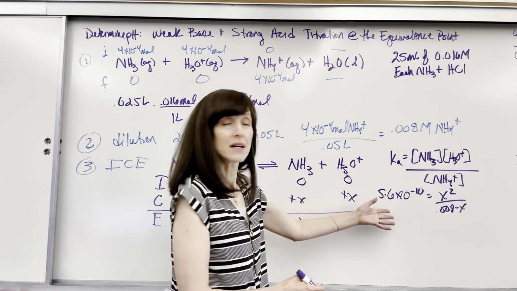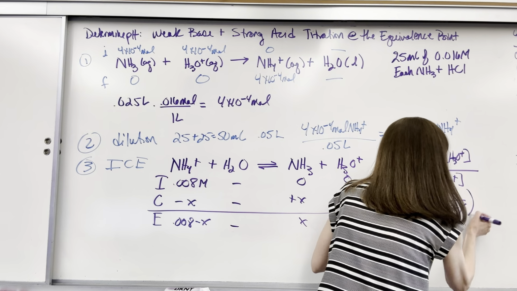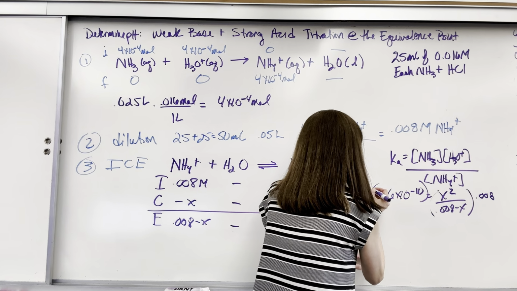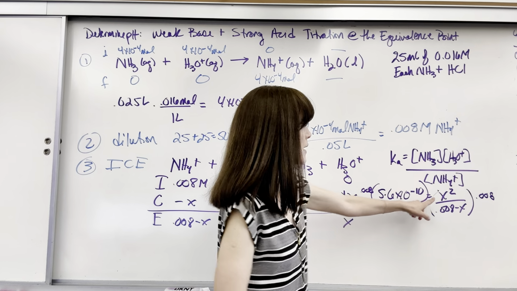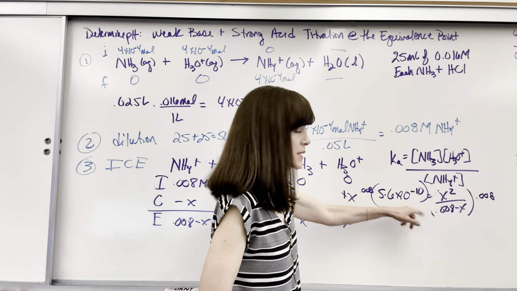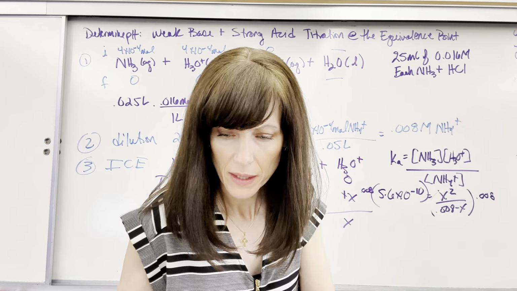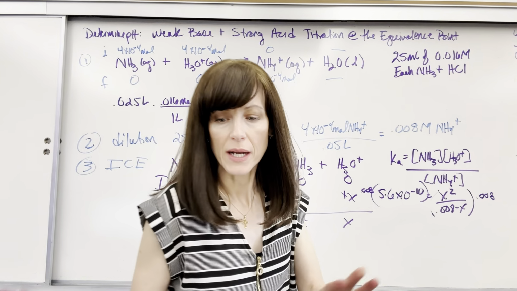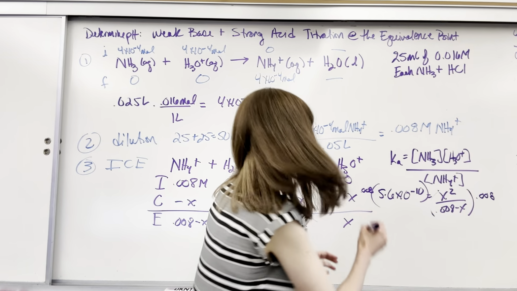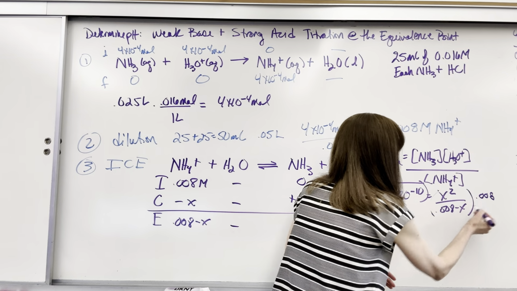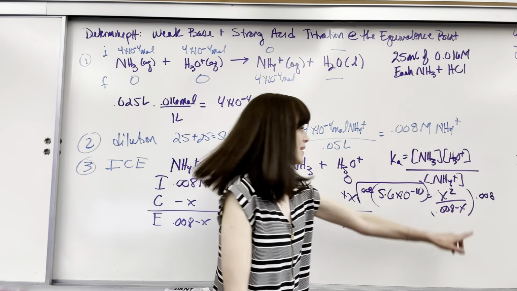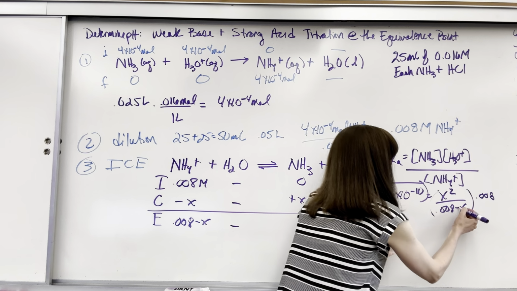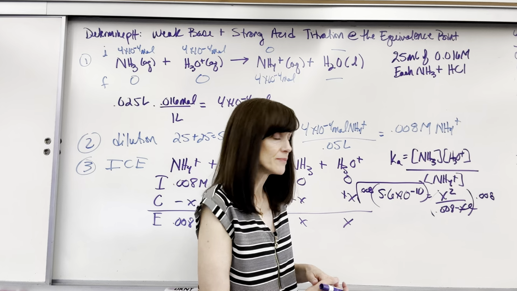Okay, so from here, I'm just going to multiply both sides by 0.008. And after we do that, I'm going to square root both sides. Notice, this X, because this is 10 to the minus 3, that's 10 to the minus 10, that is considered negligible.